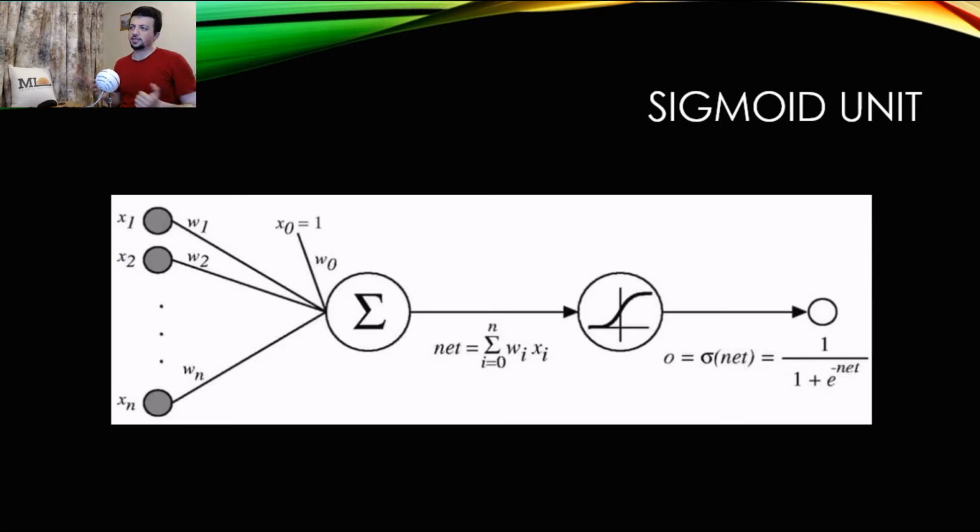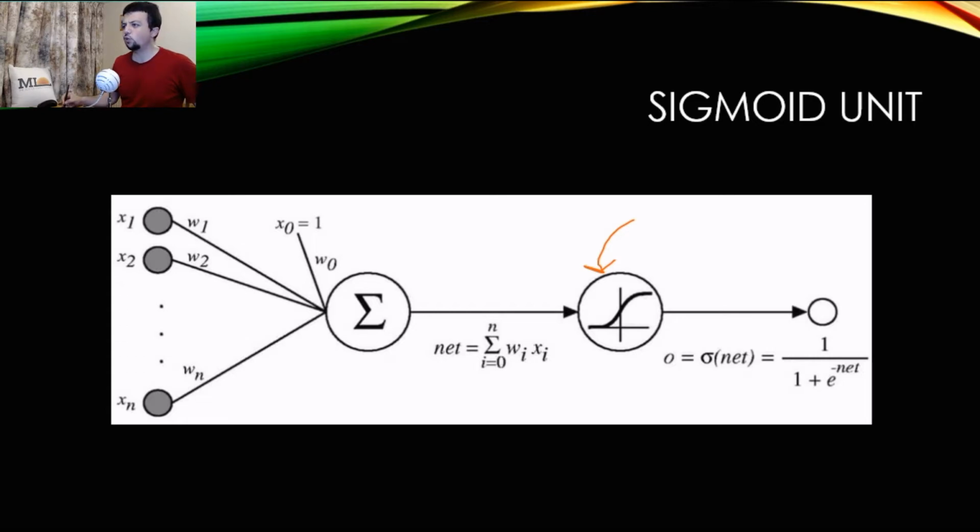This right here is an example of one of the units that people use nowadays, and it's called a sigmoid unit. As opposed to a perceptron unit, everything is the same, except instead of having a step function over here, we have some sort of a nice curvy activation function that is nonlinear, number one, and second of all, it is a continuous function, thus it is differentiable across all of its inputs, right?